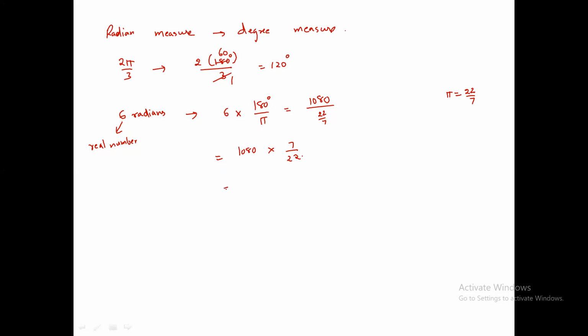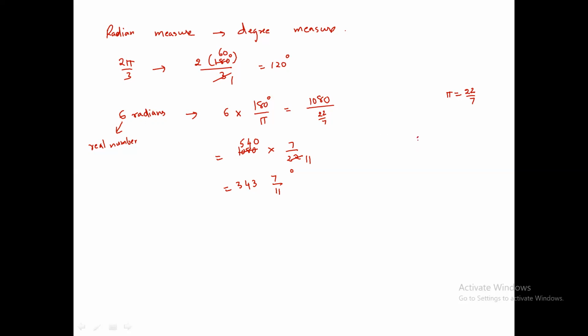Or this is nothing but 343 7 by 11 degrees. Because 2 11s are 22, then you will have 2 5s, 2 4s, zeros. Then you have to divide. This is what you will get.